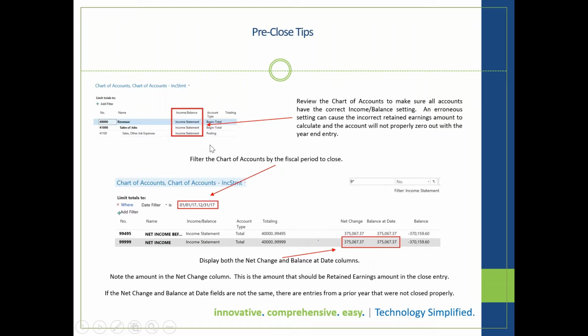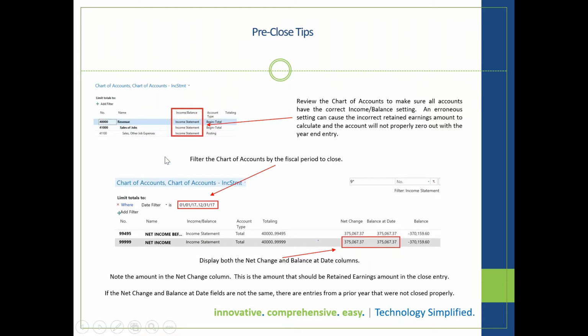Here are some pre-close tips that are really helpful to make sure that your close process goes smoothly. What I generally recommend is you go into your chart of accounts and first filter all of your accounts by income statement, then check to make sure that all of the accounts that fall in there are income statement accounts, and that there are not any balance sheet accounts included.